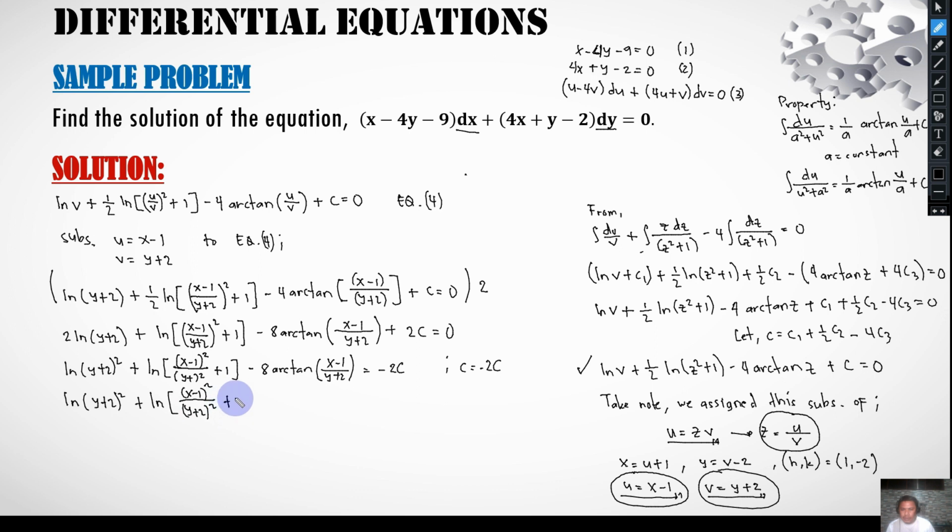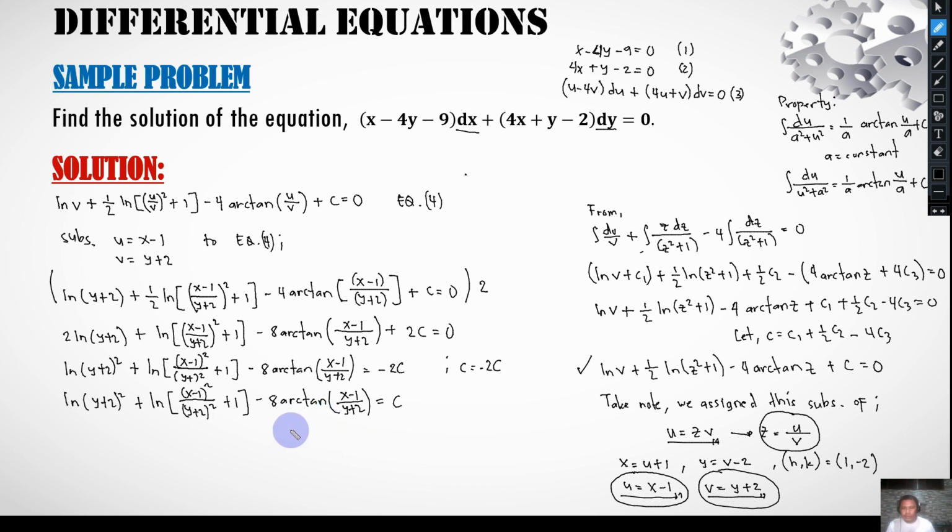And this is plus 1 quantity. And then this is minus 8 arctangent of your x minus 1 over this y plus 2 is equal now to C.